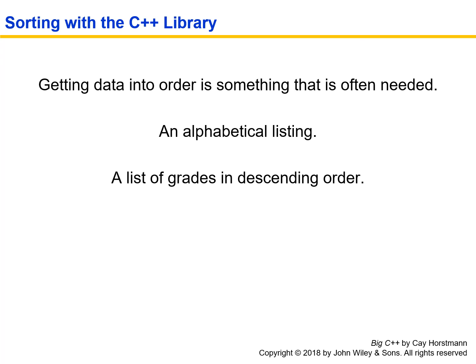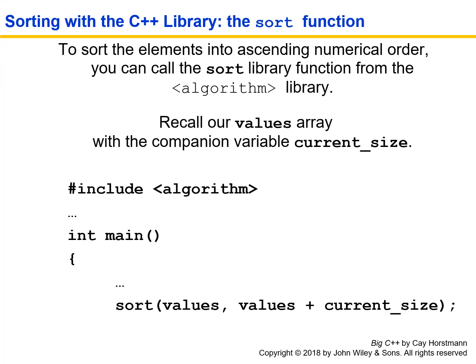Sorting is a big deal in computer science. A lot of the algorithms that you'll study in an algorithms class are sorting algorithms. Because sorting is such a big deal, there is a sort function that's actually built into the C++ library.